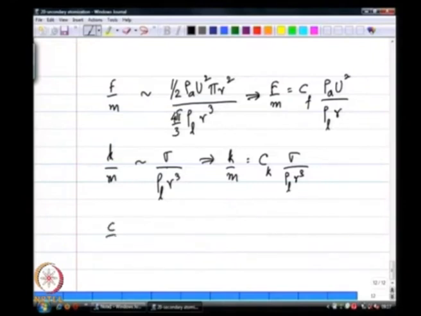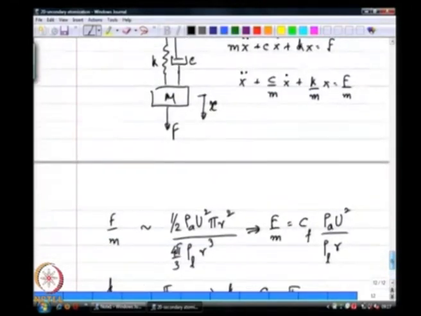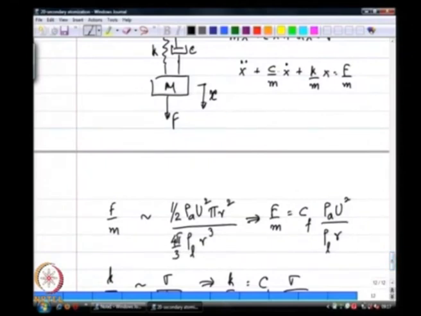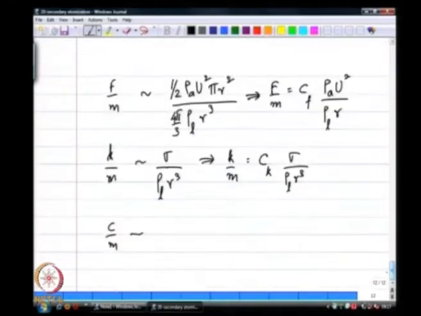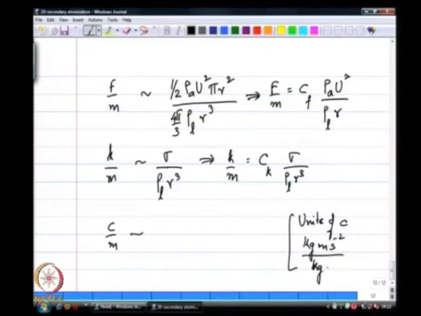And then I also have C over m. C has units of force per unit velocity. So, let us just check the units on C. It is kilogram meters per second squared per meter per second, which has units of kilogram per second.